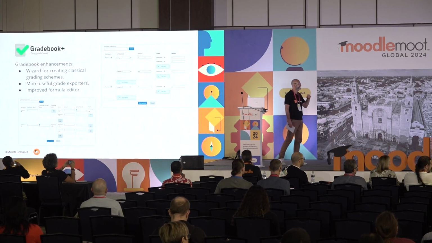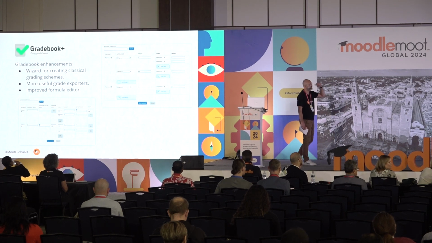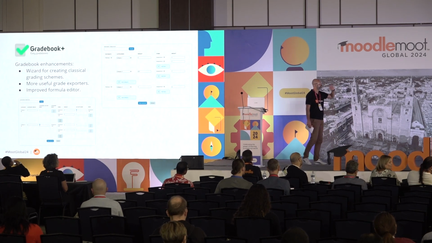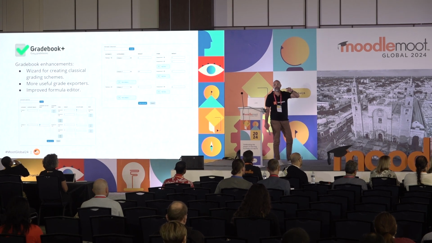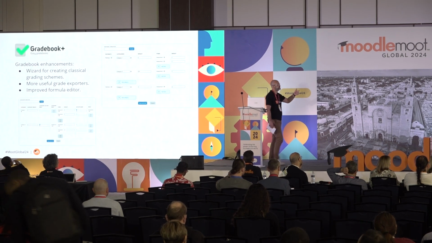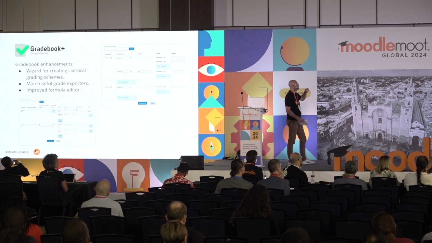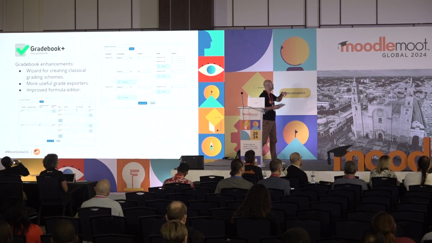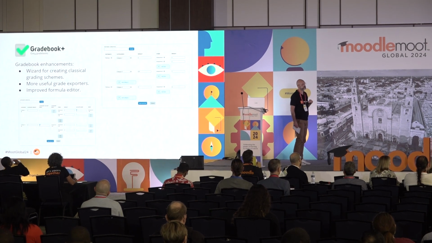You can more easily move items, create subcategories, and move categories and subcategories. With only a click, you can deactivate an item so it doesn't count for the final grade of the course. And you have more useful grade exporters.